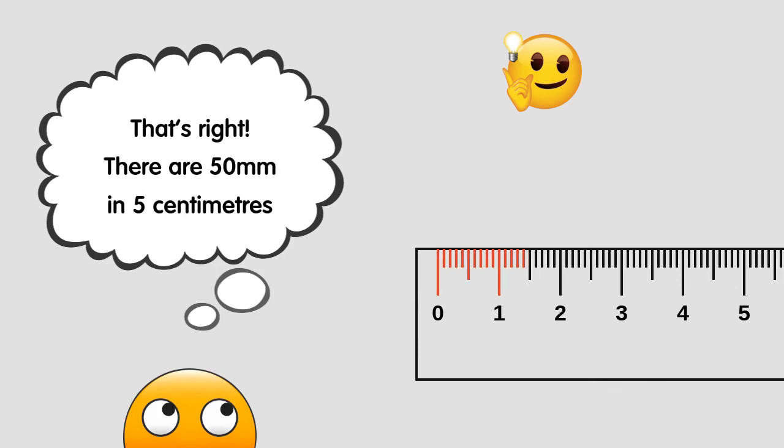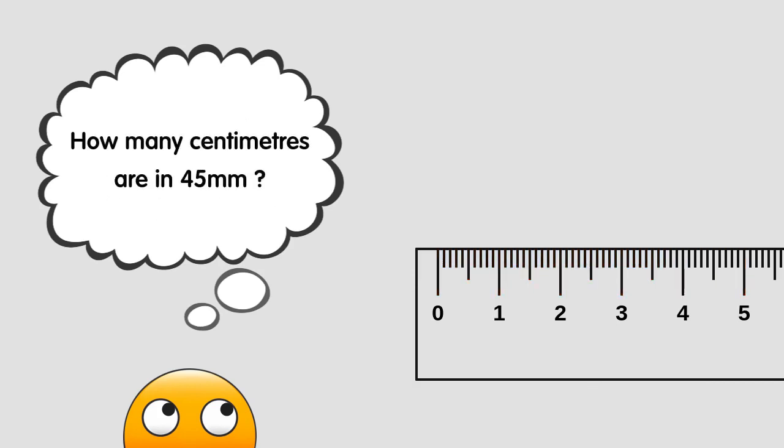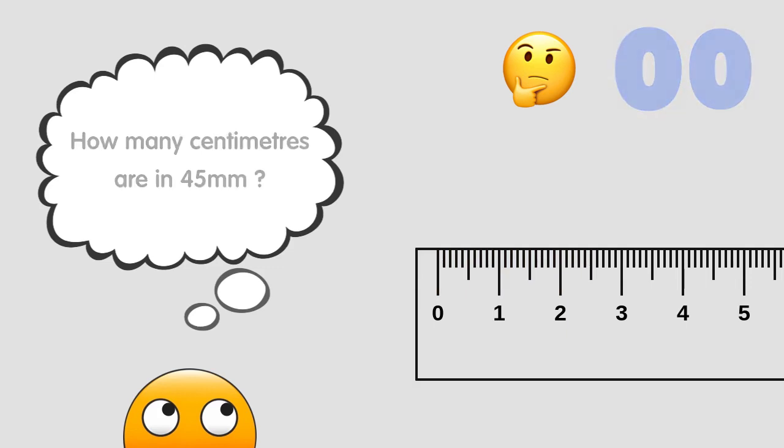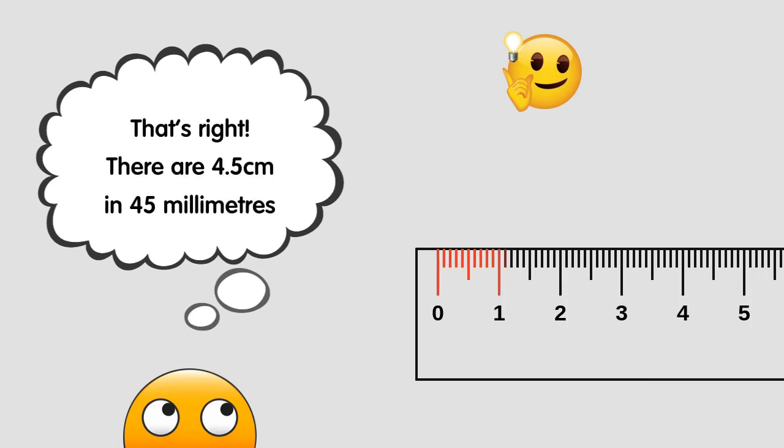That's right. There are 50 millimeters in 5 centimeters. How many centimeters are in 45 millimeters? That's right. There are 4.5 centimeters in 45 millimeters.